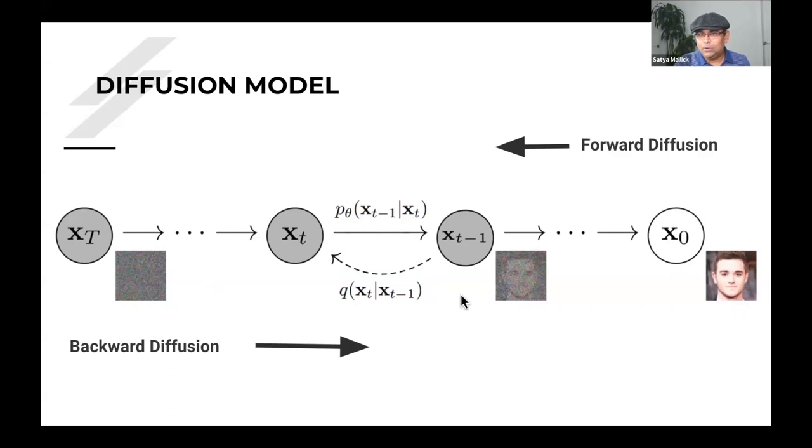And the goal here is to predict. So given this image, you want to predict the denoised image, right? So at each step, you're learning how do I go from this step to the next step. That is in the forward diffusion, you add noise.